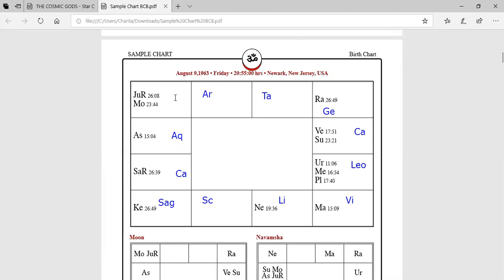This will always be Pisces. All right, now that we have our constellations down, we're now going to explore the houses.